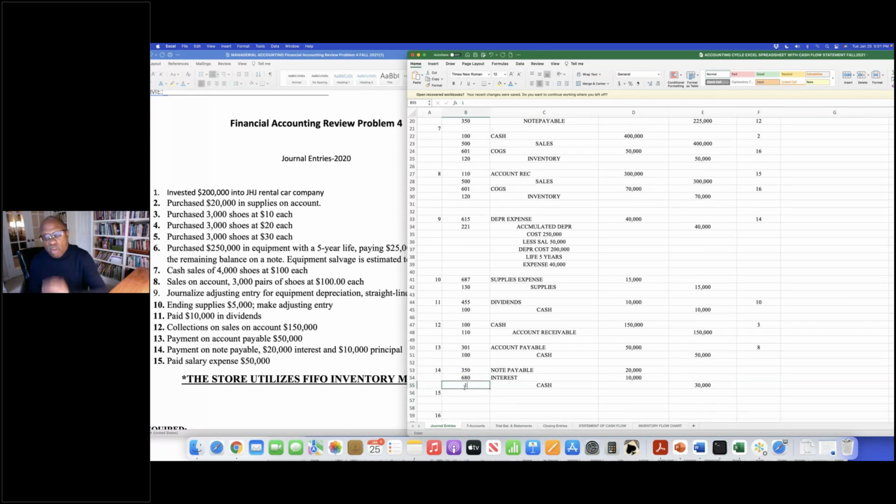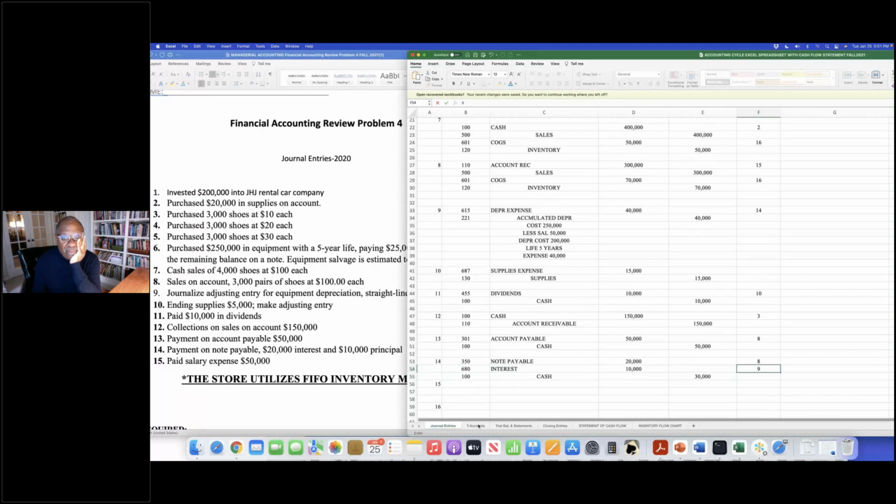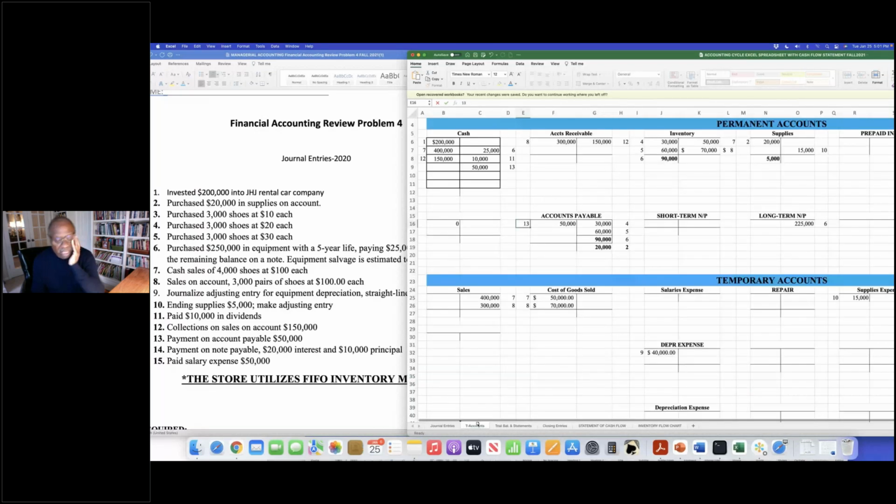We've got two types here. The note payable portion is going to be what? Payment of a liability, 8. The interest is going to be what? Payment of an expense, 9. And we have to go post these. So we're going to have this credit in here for the cash, 30,000. You're going to debit the long-term note payable, 20,000.